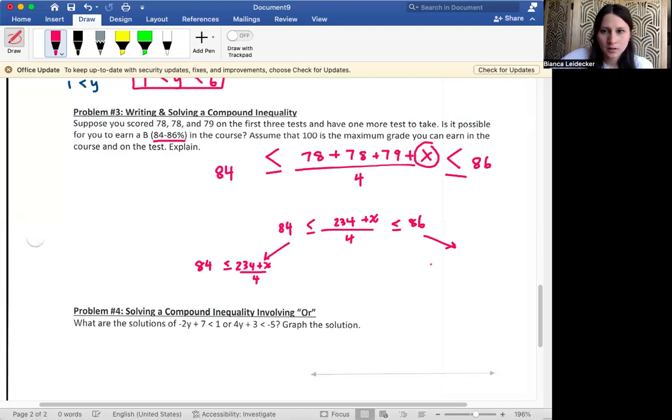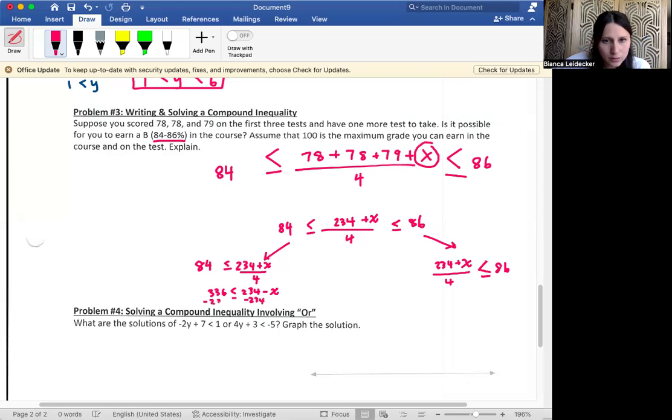So over here, same equation, solving in relation to 86. So multiply by 4 on both sides. 84 times 4 is 336. Subtract 234 on both sides.